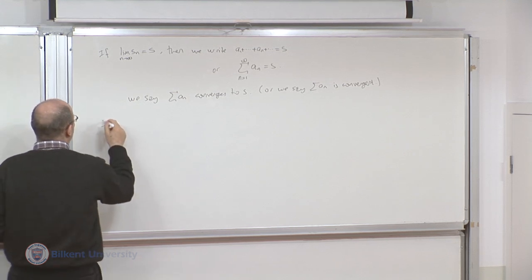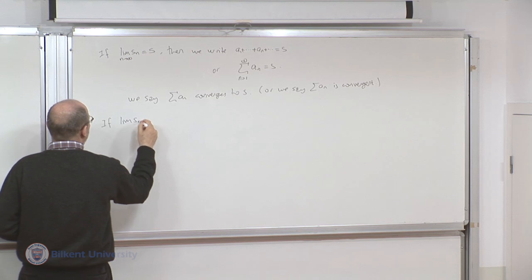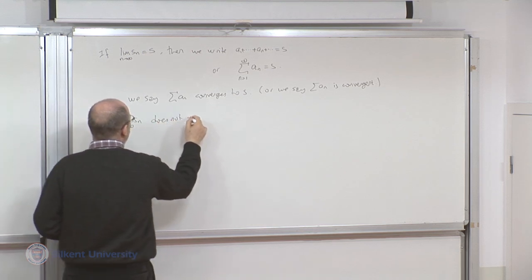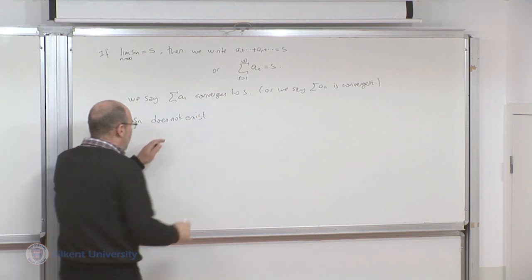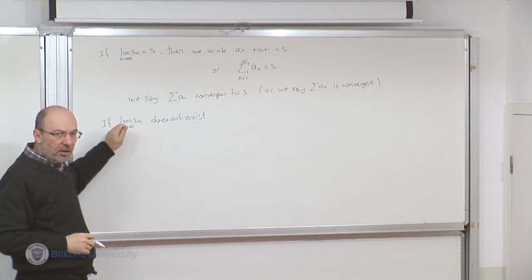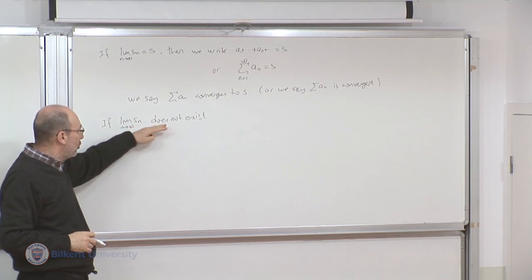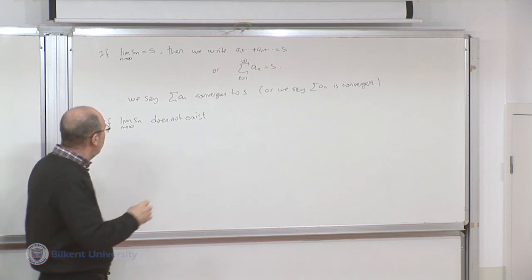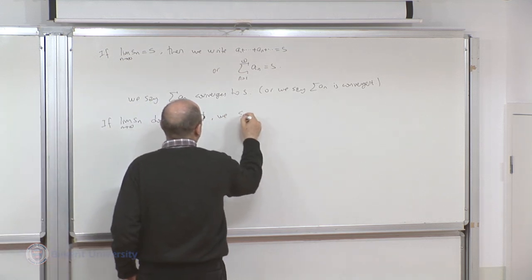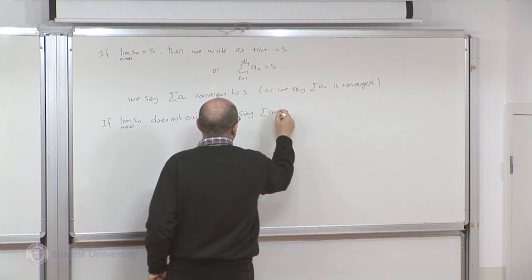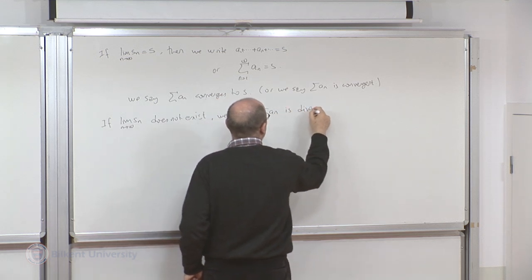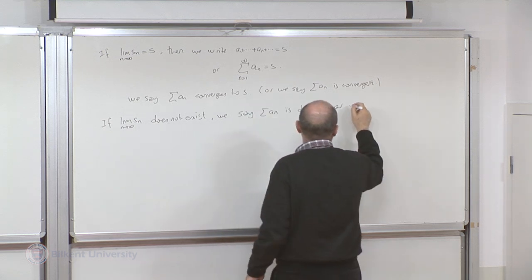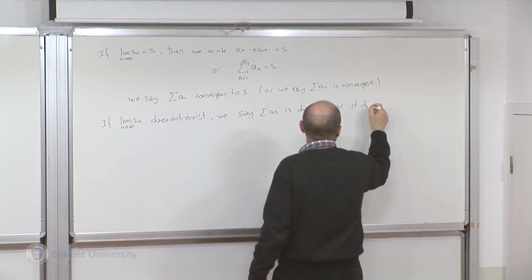Okay, so if the limit of Sn as n goes to infinity does not exist, remember that does not exist includes the case when the limit of Sn is infinite. Then the limit does not exist, and we say the summation of An is divergent, or that it doesn't exist.